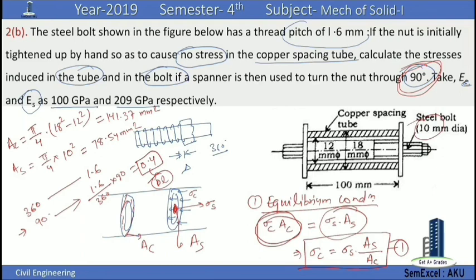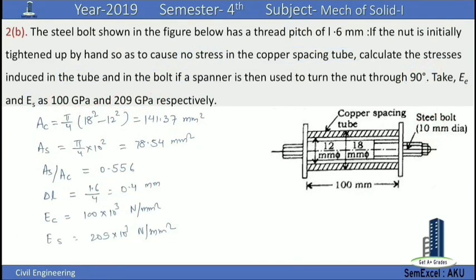The value of ES is given and the value of EC is given. We have written everything in a systematic manner. We have calculated AC, AS, then the ratio can easily be calculated. AS by AC is equal to 0.556. The amount by which the nut is being turned, we have calculated this, 0.4 mm.